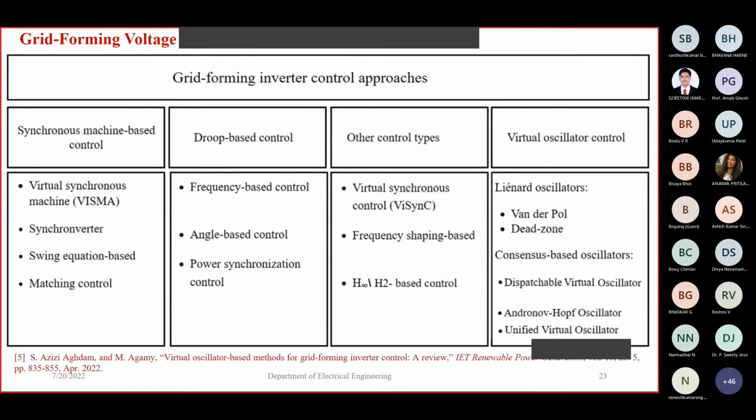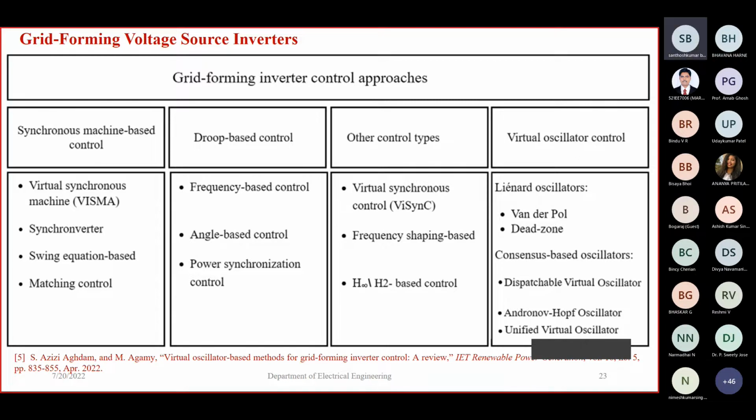Here you can see the grid forming voltage source inverter. From the literature, from this reference, I have taken this table with different control ideas. But these are still in research only. They are not implemented physically; they are just implemented in the laboratory, and this is the futuristic grid concept.